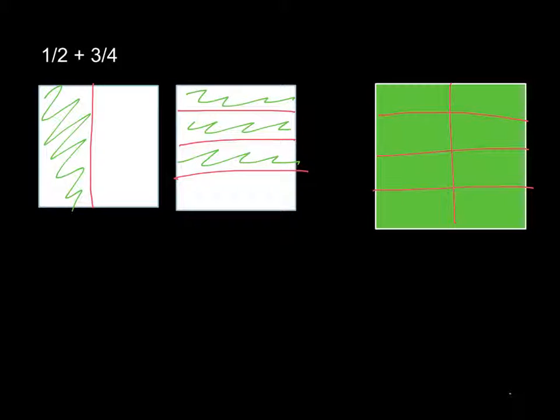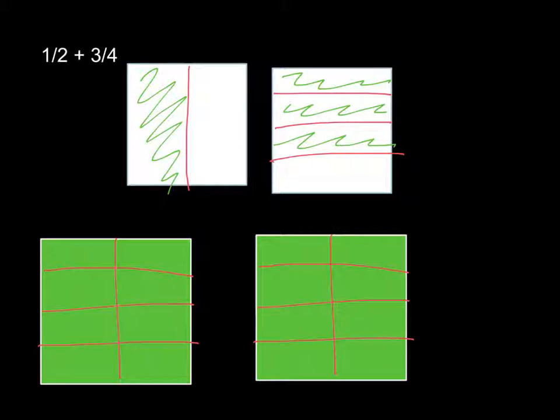Now remember that for 3/4, what I really am going to be doing is making two rectangles like you can see here. And I'm going to shade in 1/2 on the first rectangle, and I'm going to shade in 3/4 on the next rectangle.